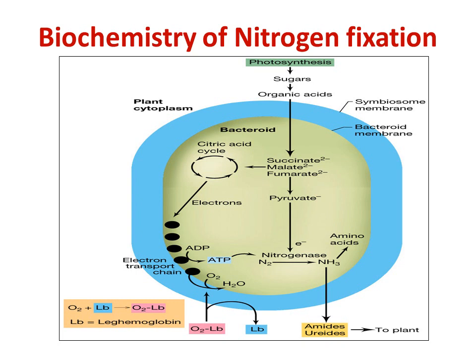That is, the sugars are broken down into simpler units and the energy is produced in the form of ATP molecules. These ATP molecules are utilized for the conversion of nitrogen into ammonia.